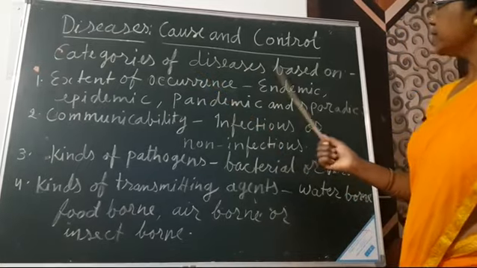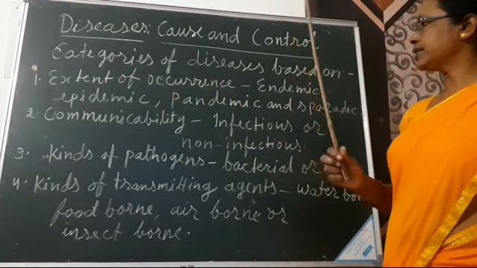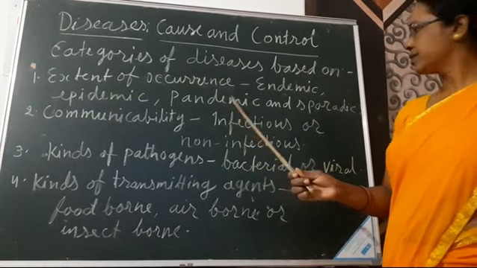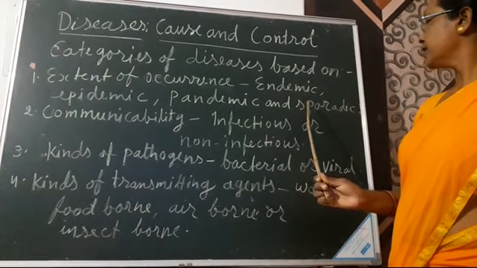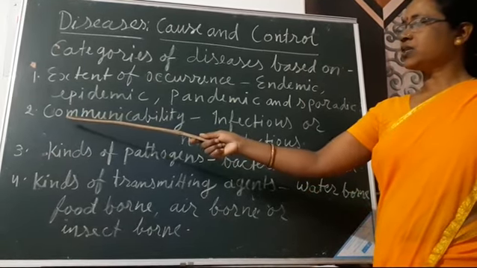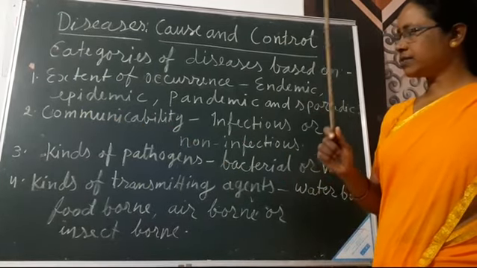Categories of diseases based on extent of occurrence, that is endemic, epidemic, pandemic and sporadic. Based on communicability, infectious or non-infectious.